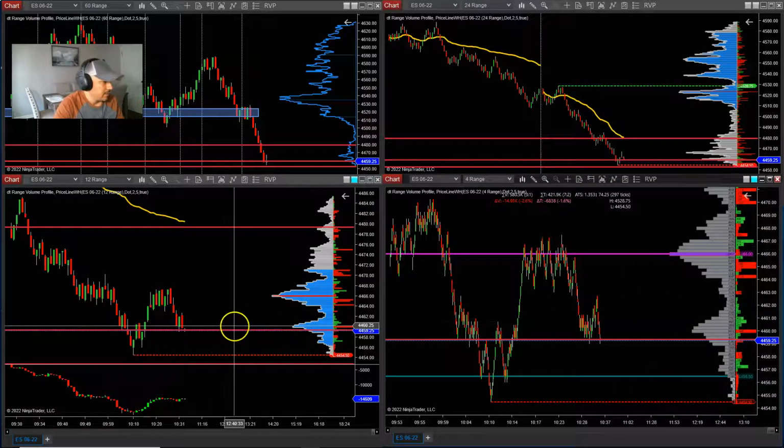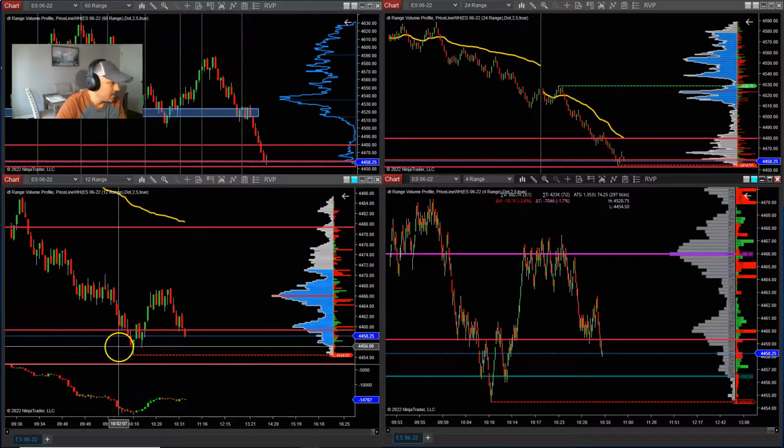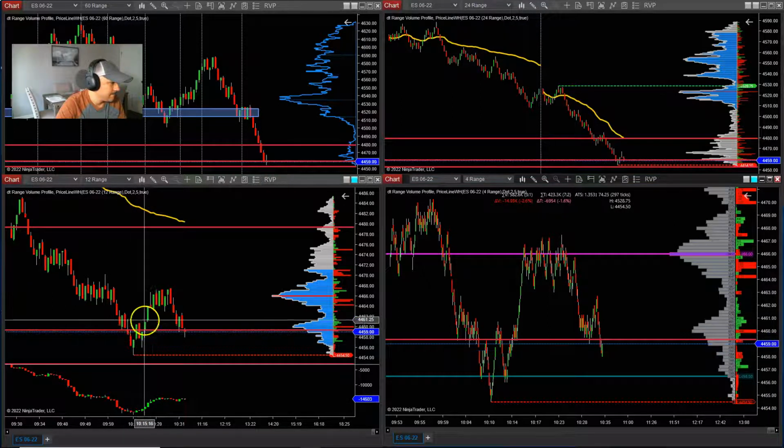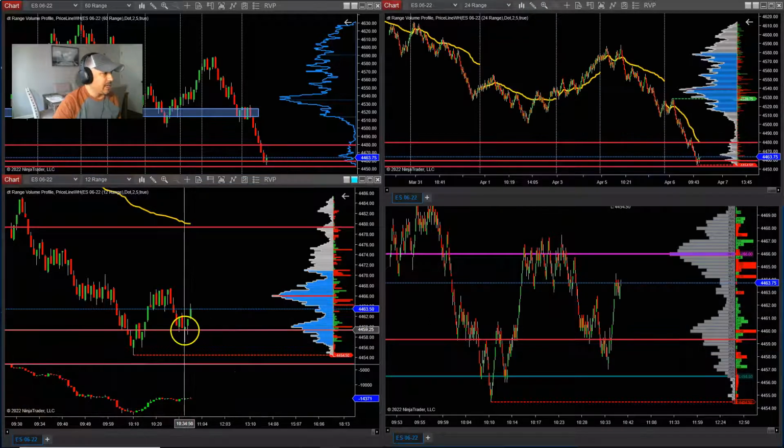Look at it. It may push lower now. It may definitely push lower. Yeah, you see my line was correct there.